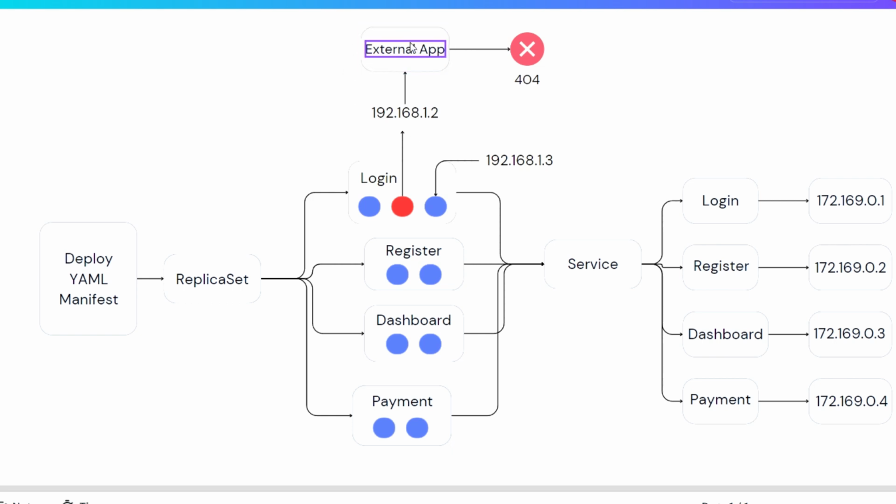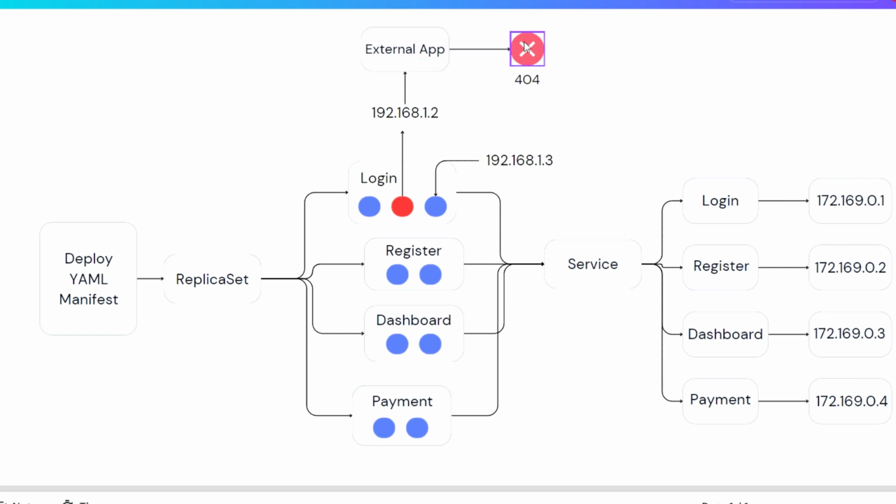Just consider, as you know, containers are ephemeral in nature, meaning if you don't provide enough resources to them, they eventually die. Let's consider the red pod dies. In such a condition, you are accessing it with the IP address, and it is not accessible. It is giving you a 404 error.